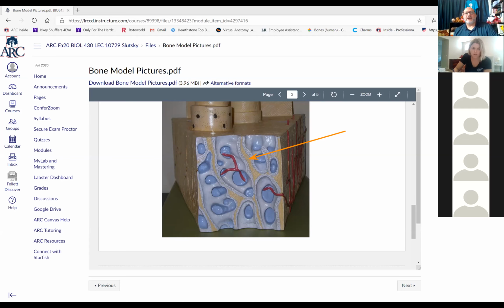If I was pointing at the purple and I asked you to identify the layer or the membrane based on its location, then you would say endosteum. If I asked you to say the tissue type, what would you say? Dense irregular connective tissue. Excellent.